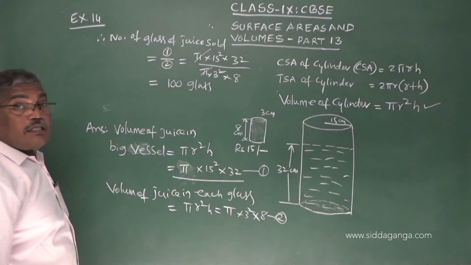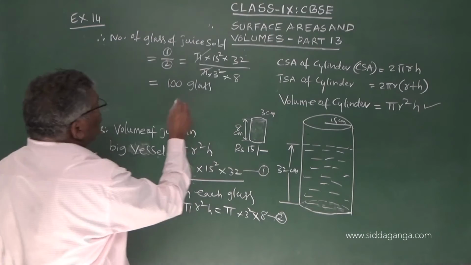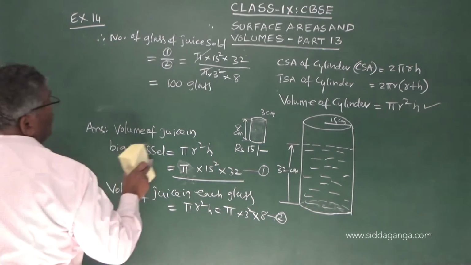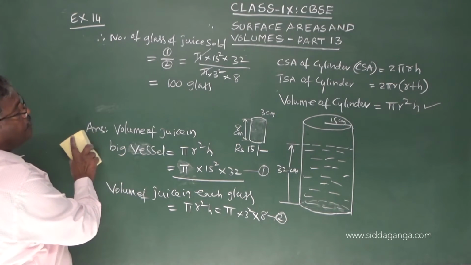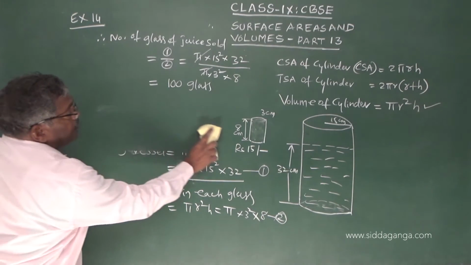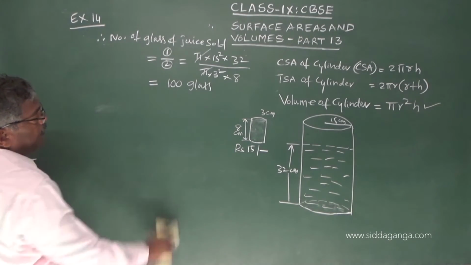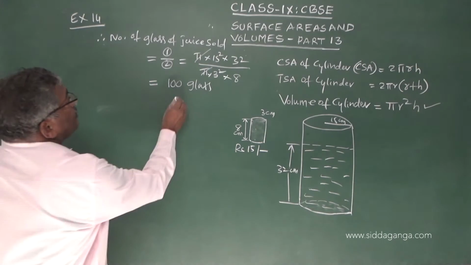So each glass was sold for 15 rupees. Therefore, for 100 glass you will get 1500 rupees. That's all. So 100 glass.